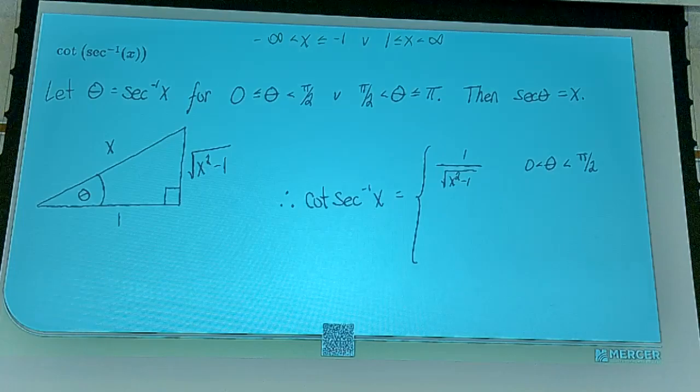For 0 to pi over 2, notice I'm not including 0. And by the way, ChatGPT is wrong on this.